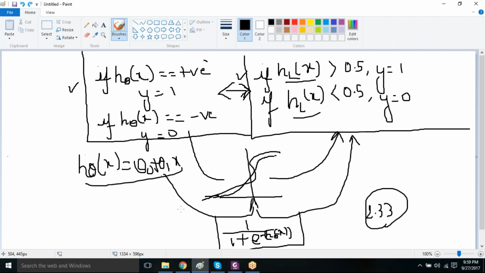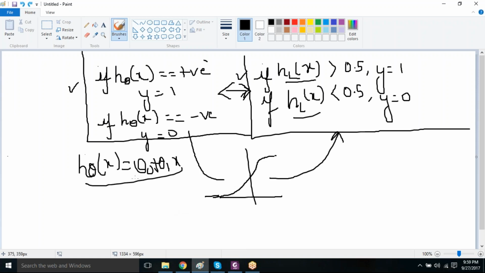Maybe I will make it again. Whatever value you get here, you will take to this, which is basically 1 upon 1 plus e raised to the power minus theta naught plus whatever equation. This is just a linear regression.